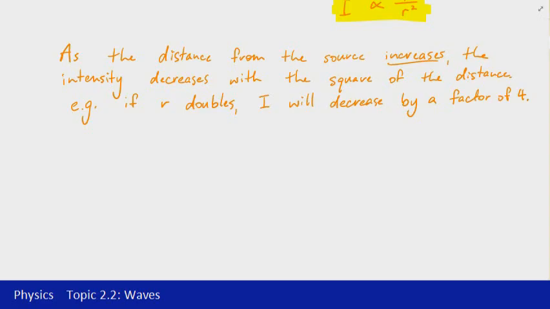So doubling results in a decrease by a factor of 4, tripling would result in a decrease by a factor of 9. So there's intensity. There's a lot more that can be said about intensity, but as I said, that's the detail that you need to know for this syllabus. So the fact that intensity is inversely proportional to the square of the distance.